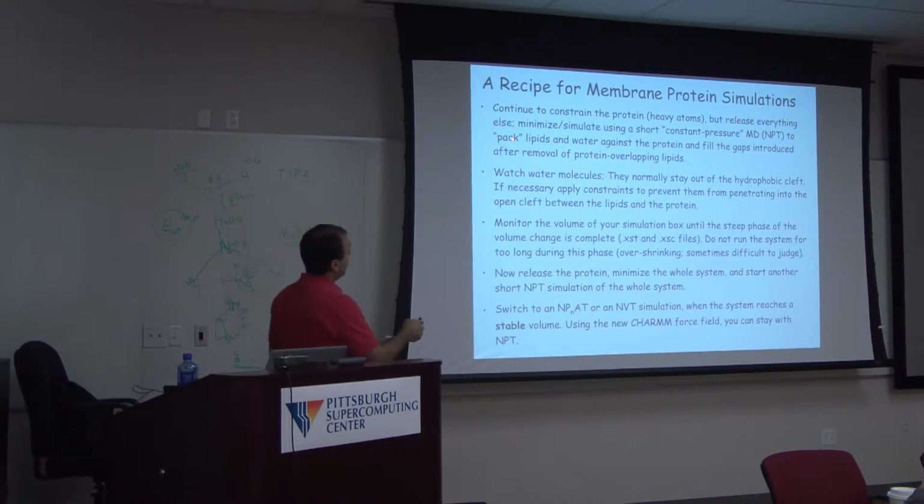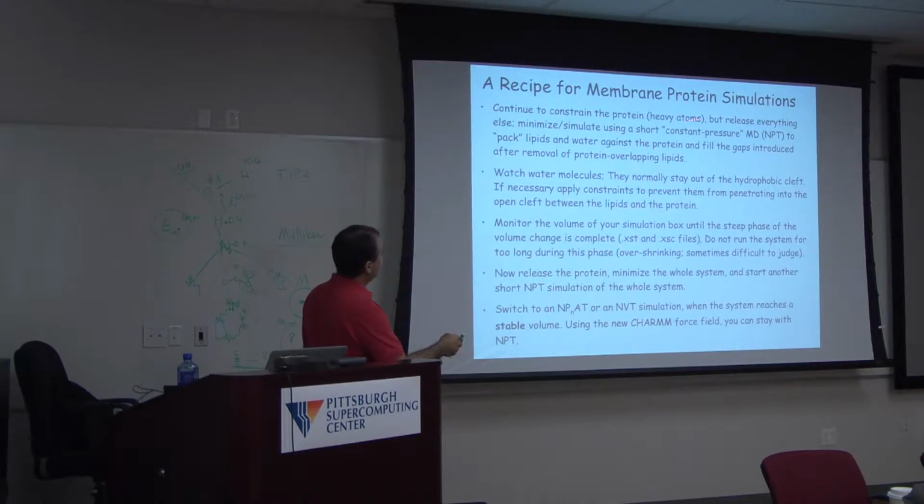So once the lipid tails are a little bit more disordered, we call this a sort of melting phase, then we release everything and minimize. We still constrain the protein heavy atoms, but release everything else, including water.